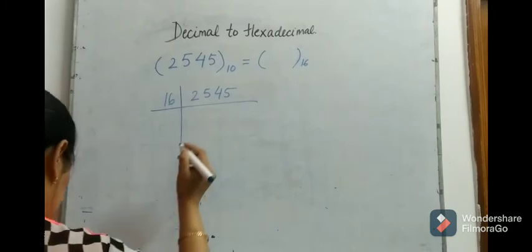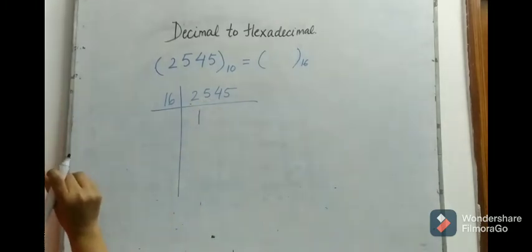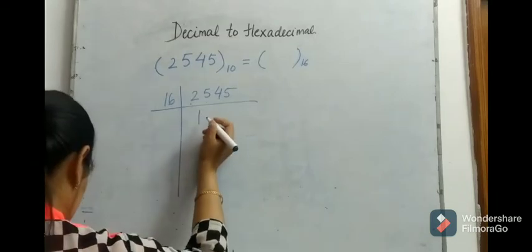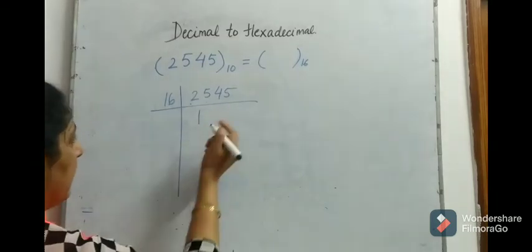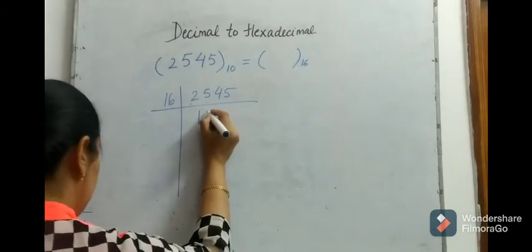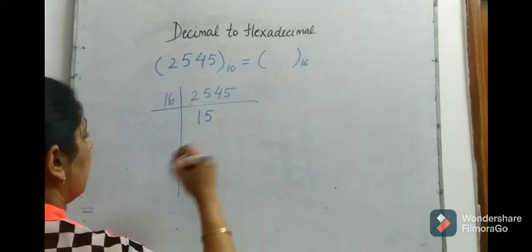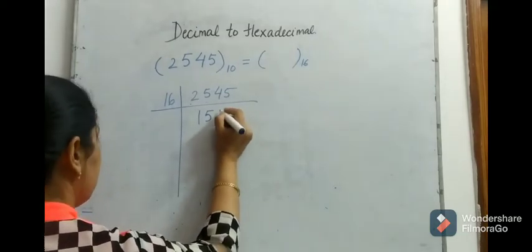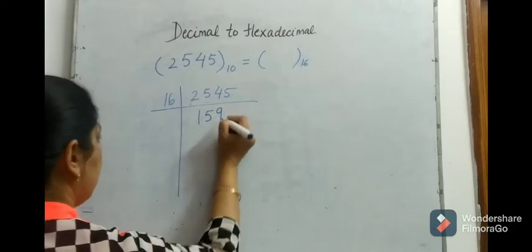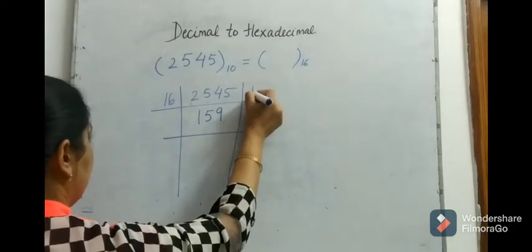So 16 1s are 16, because these two digits are less than 32. So 25 minus 16. And what remainder will I get now? I'll get somewhere around 9. So 94. So 16 5s are 80 and 16 9s are 144. It will go like this and the remainder will be 1.